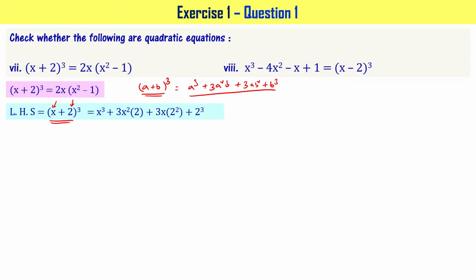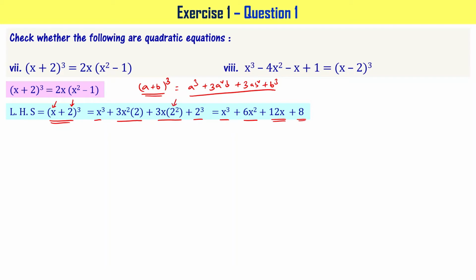When you do that, it becomes x³ + 3x²·2 + 3x·2² + 2³, right? Let's further simplify this such that I can write it as x³ + 6x² + 12x + 8.